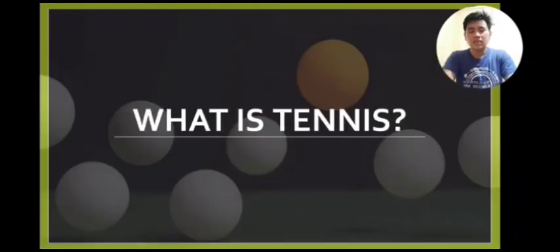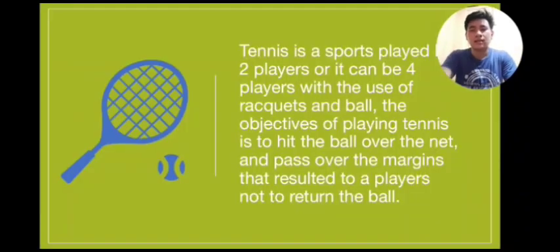So, let's begin this discussion by asking you what is tennis. Anyone would like to share your ideas? Alright, so tennis is a sport that can be played by two players or four players, meaning it can be a 1v1 or 2 versus 2.